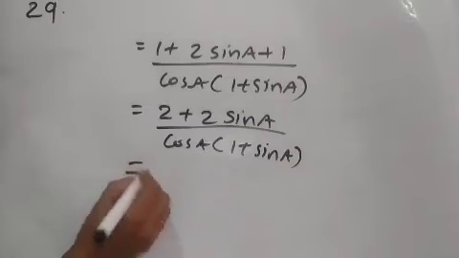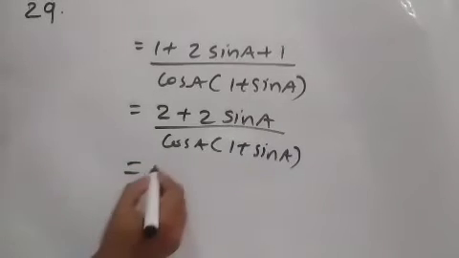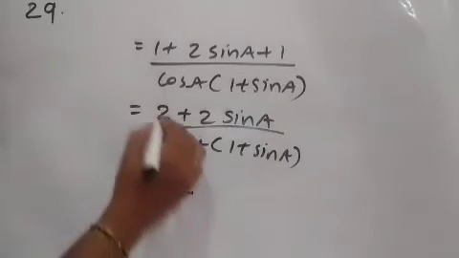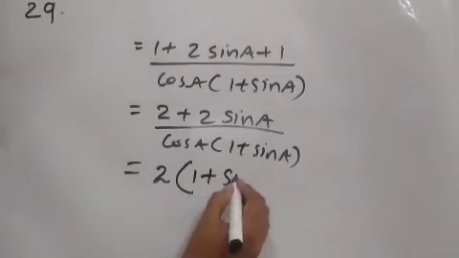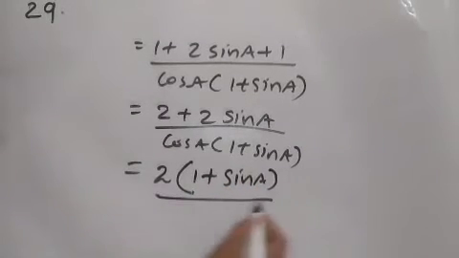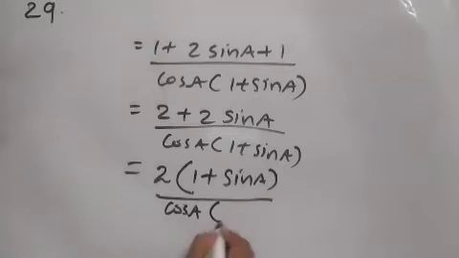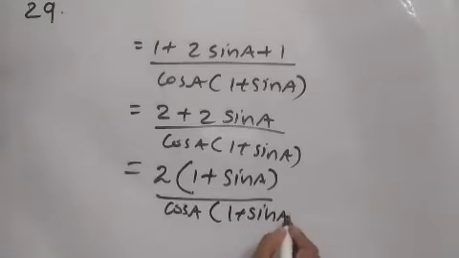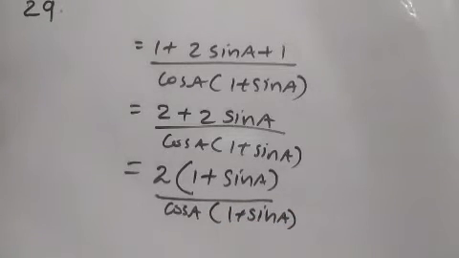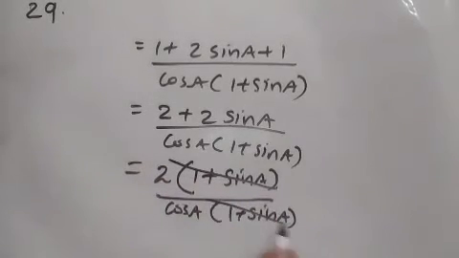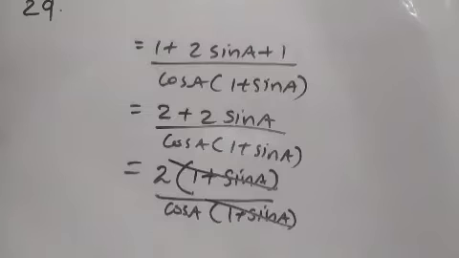And you can see the numerator 2 is common. So take 2 outside. 2 into what is left here? 1 plus sin A, whole divided by cos A into 1 plus sin A. So you can see one product on numerator and other product on denominator, and this term 1 plus sin A as a group is common for numerator and denominator.